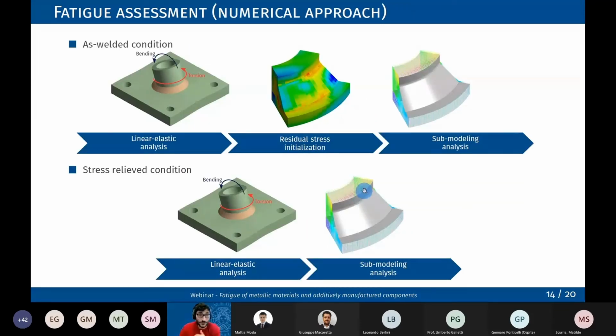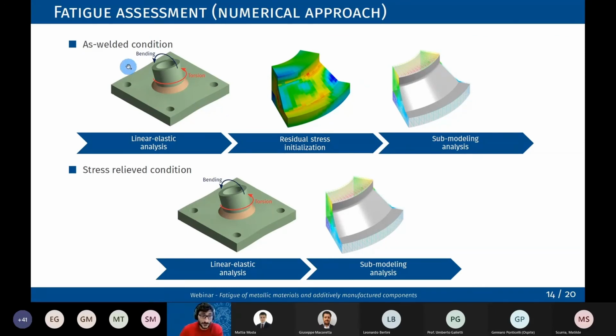So there will be a pressure drop in the chamber and the test will be stopped. From a numerical point of view, the approach for calculating fatigue damage factors starts, in both conditions, from a linear elastic analysis of the whole component, applying bending or pure torsion loading depending on the case.